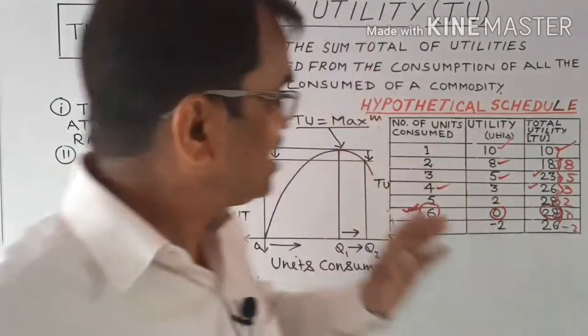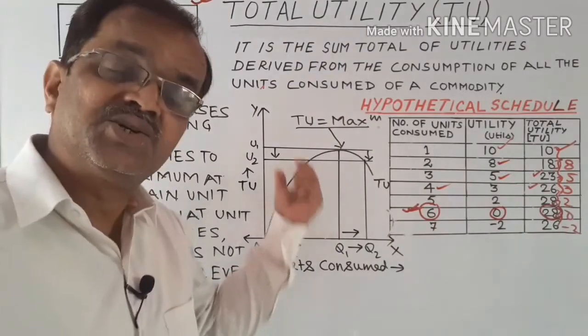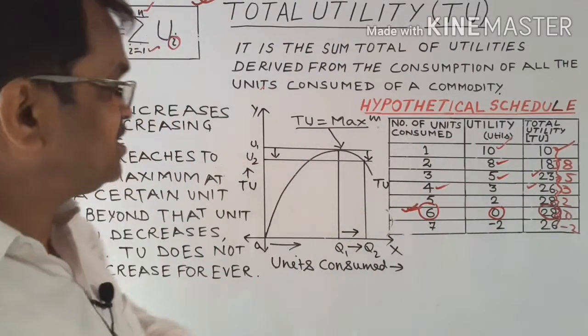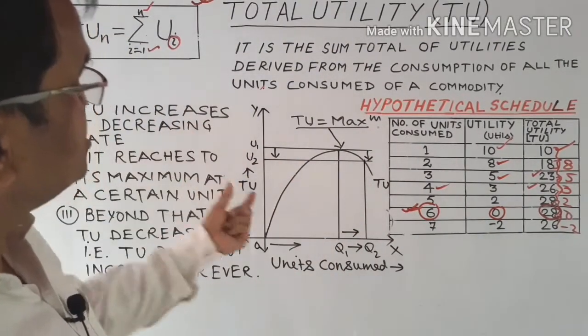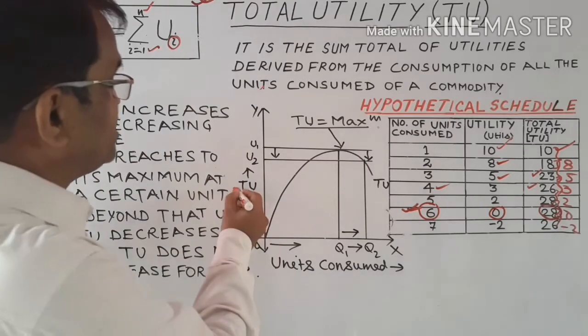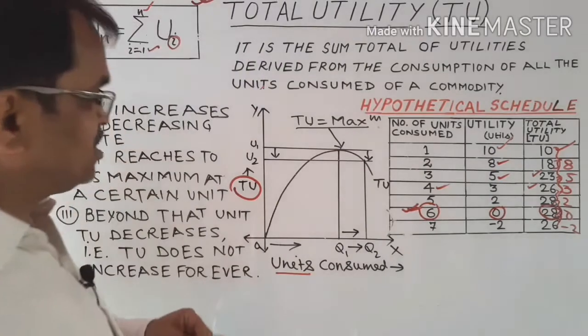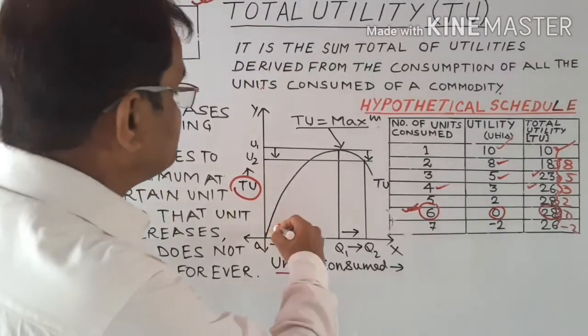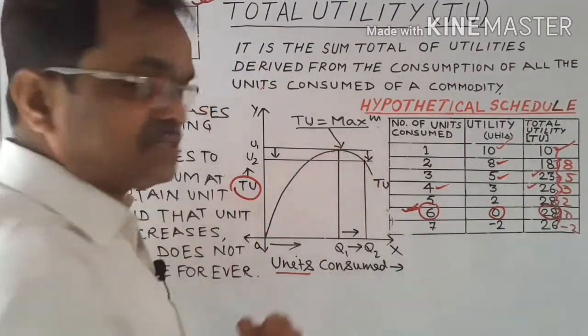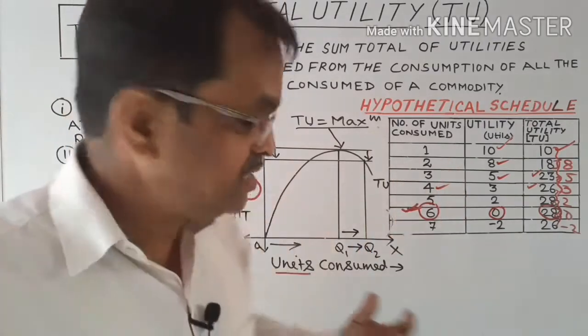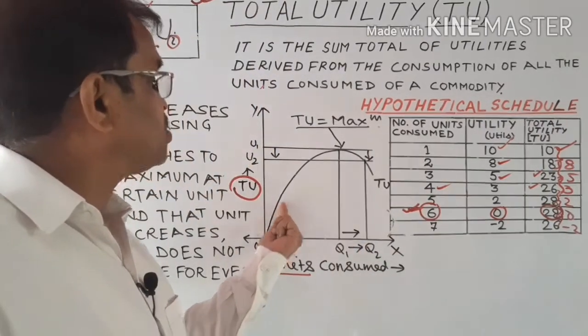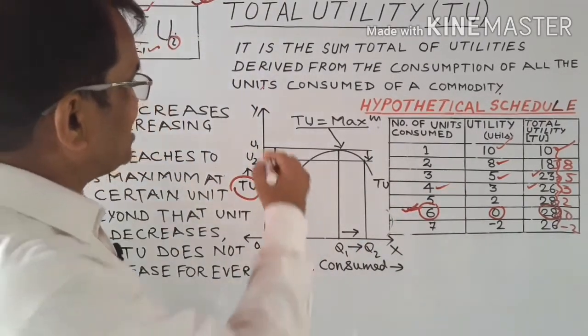Now let's have a look at the total utility curve drawn here on the board. On this y-axis, total utility is plotted, and on this x-axis, units of consumption are plotted. Now this figure is sloping upwards. It simply means that total utility goes on increasing. But look at the curvature.